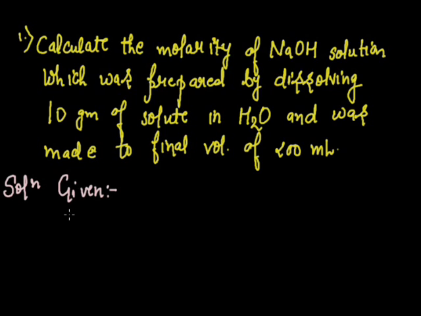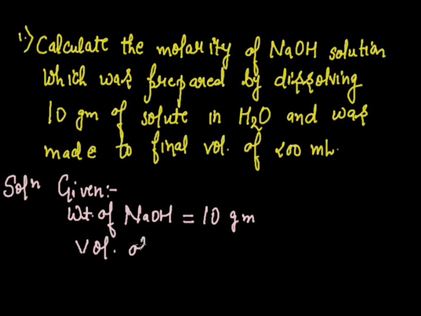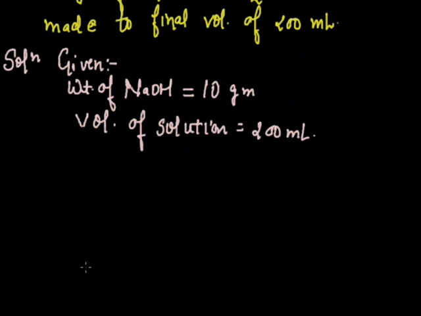Given the weight of NaOH, or we can say the more appropriate term will be the mass of NaOH, which is 10 grams, and the total volume of the solution is 200 ml. Now we have to calculate the molarity.